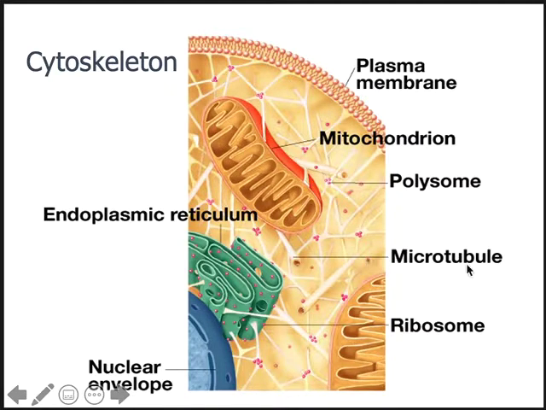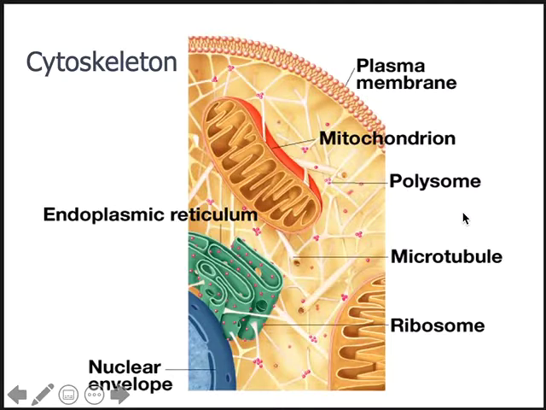and so now here we're starting to see, okay, what is the cytoskeleton? What actually is it? And I told you that it's protein, and now here we see that there are microtubules. So the inside of this is hollow. It's a tube. Okay. You might have been wondering, what is a polysome, right?